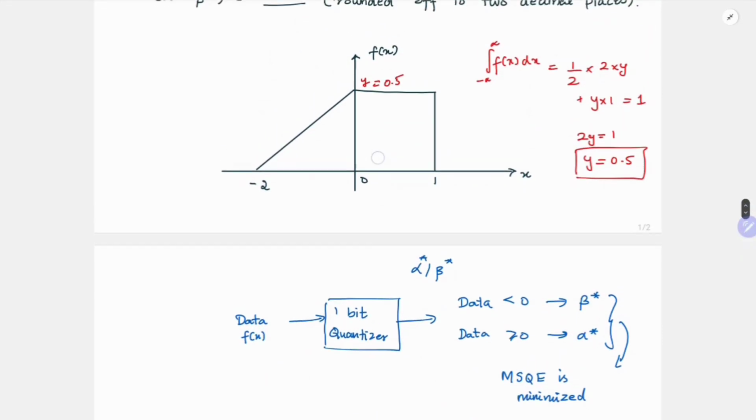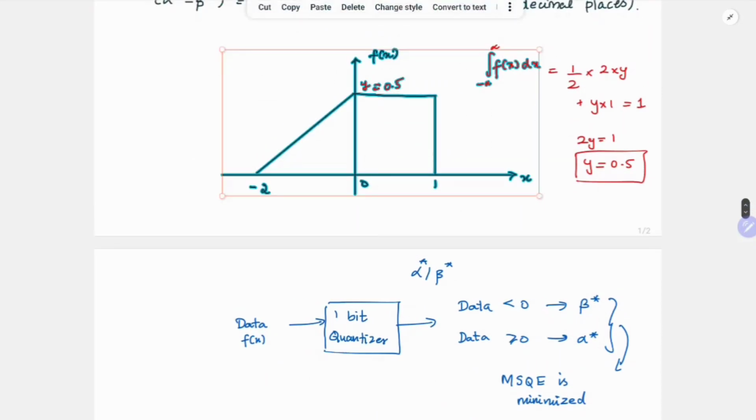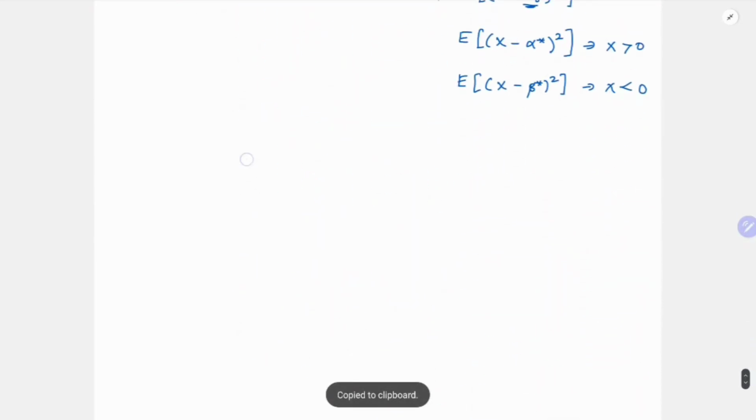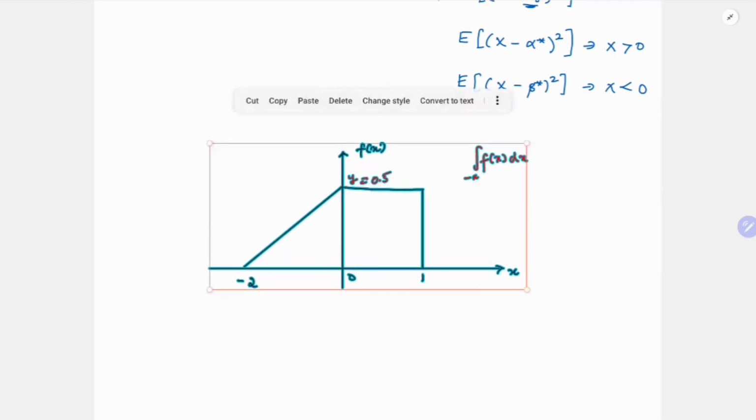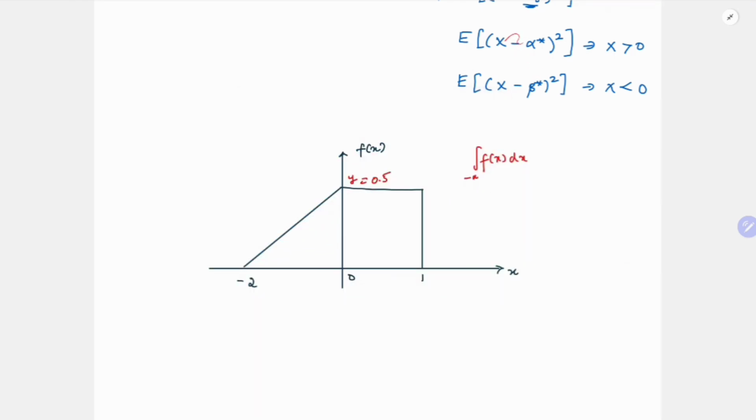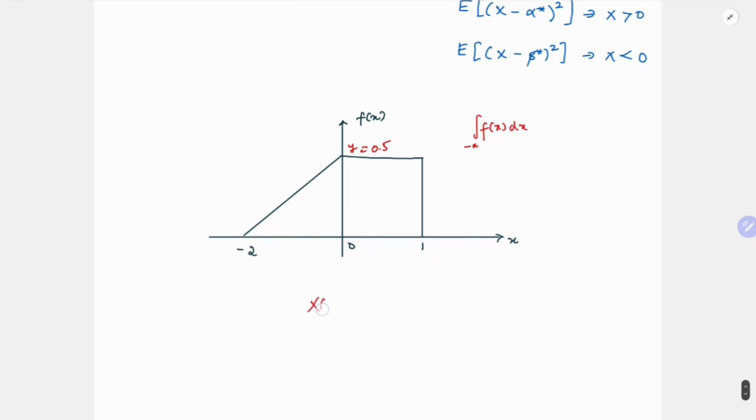So now let us take the distribution. Now you need to find this f of x as a function of your small x, from -2 to 0. So we need to find this equation. What is the slope of this?